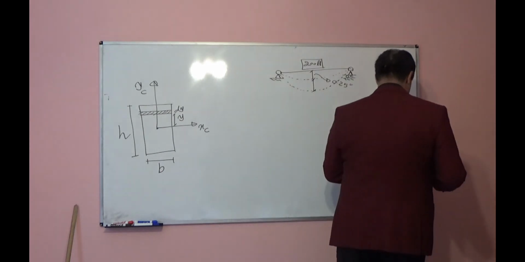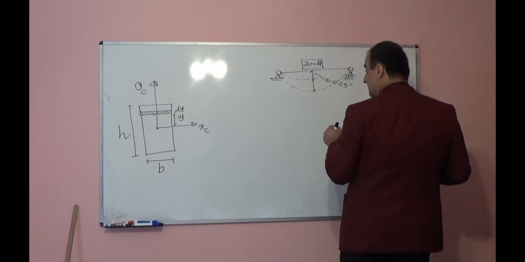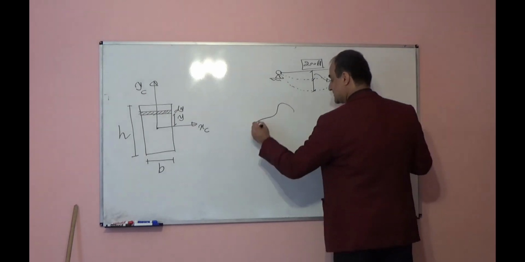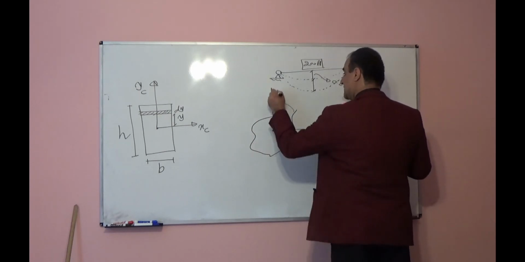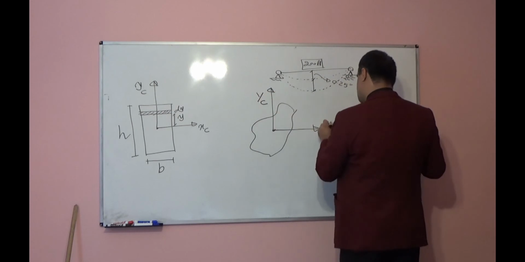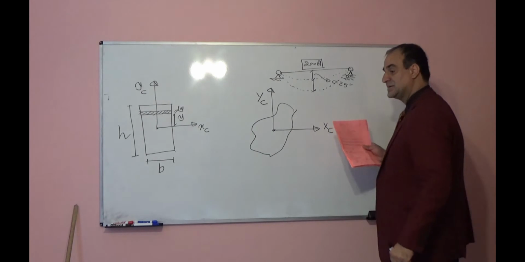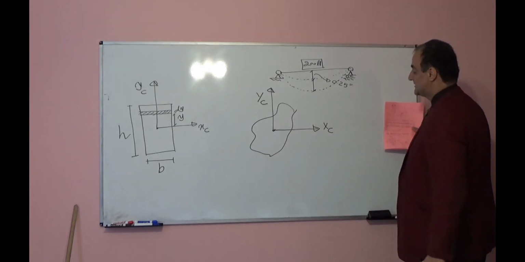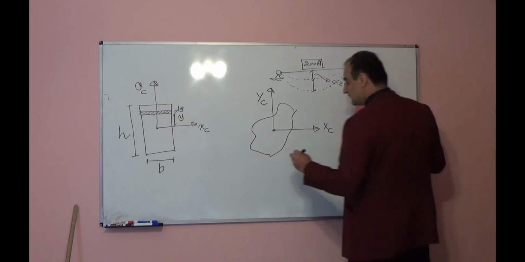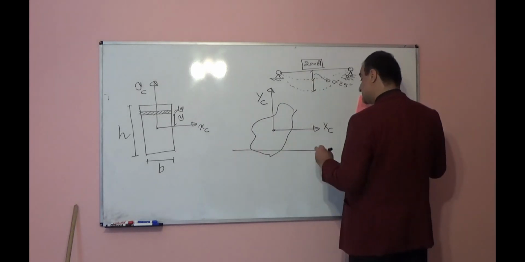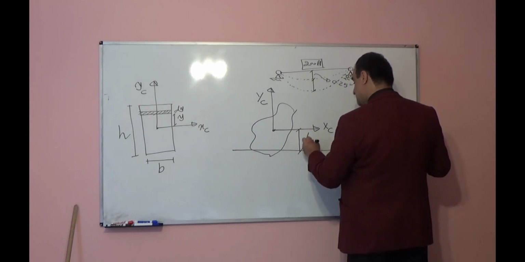For example, here you have this shape, and you find the moment of inertia with respect to those axes that pass through the centroid. So the centroidal axis moment of inertia is given, you know that. Now you want to find it with respect to another x-axis which is parallel to these axes. And the distance between these is d.